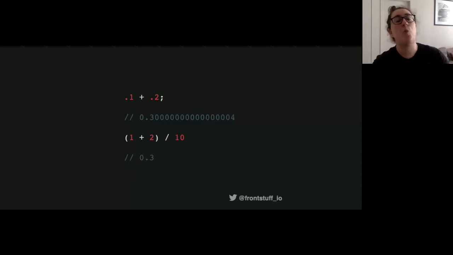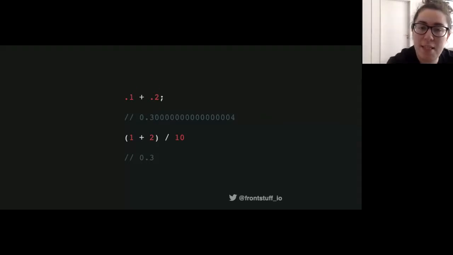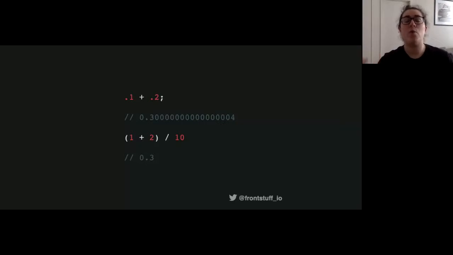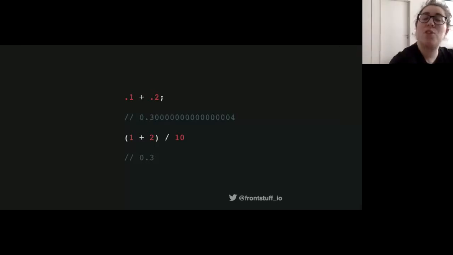This is why when you do 0.1 plus 0.2, you don't get 0.3, you get 0.30000000000000004. That's because in floating point arithmetic, the way those floats are represented, you don't have enough space, basically. And I have a whole talk about that topic, by the way, which I will link at the end of the presentation. If you're interested, it goes much more in depth into that. And this is not something that you have with integers.